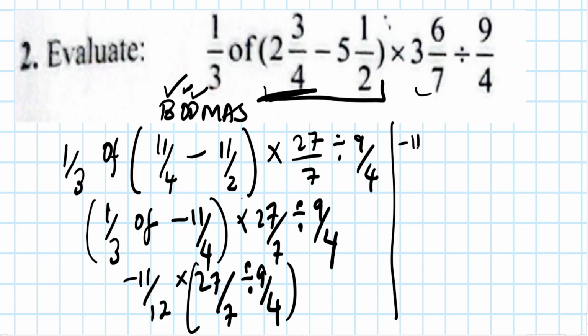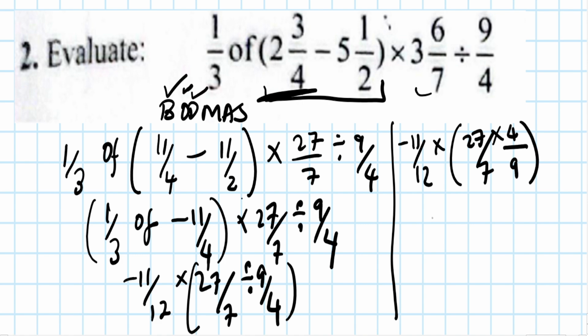So you'll have negative 11/12 times, since this is division it changes to multiplication, but the fraction that is there, which is 9/4, will be reciprocated. So one goes up, the other goes down, so you'll have 4/9 instead of 9/4.